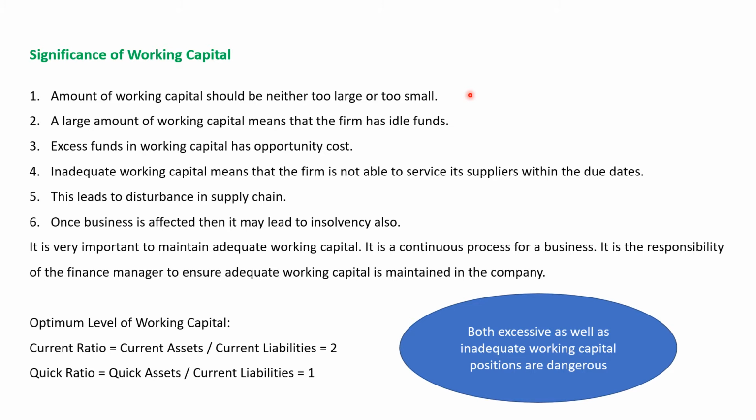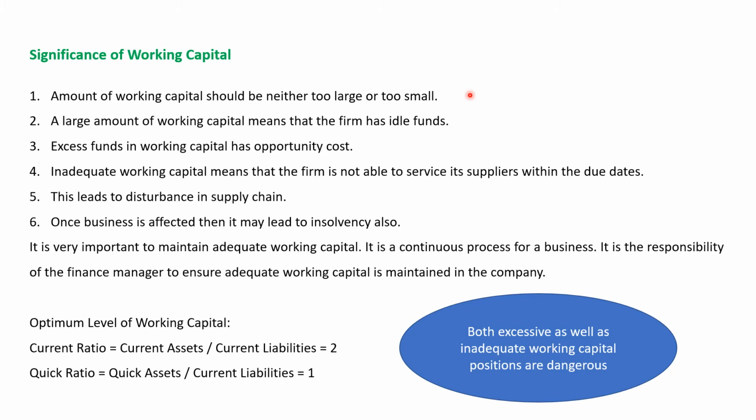That will have an impact, and this leads to disturbance in the supply chain. I will not get raw material from my supplier, then I will not be able to supply my customers their orders, then there will be disturbance in the business. And once business is affected, then there is a severe problem.